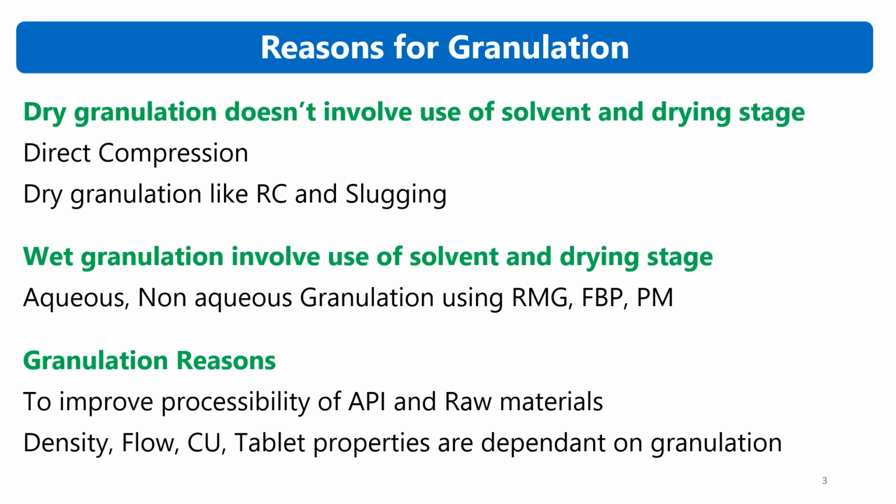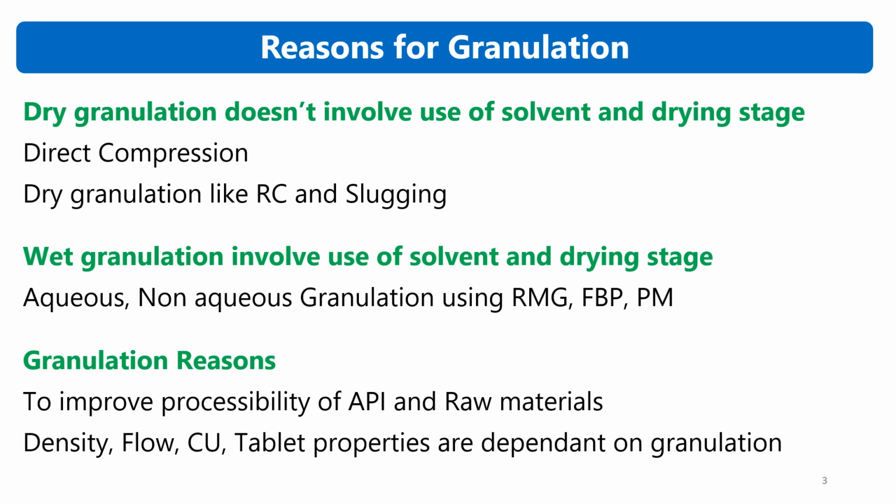So to have processability, to have flow and required density for compression and capsule filling purposes, the granulation is done. Granulation is also performed to have good flow, content uniformity, tablet properties and processability for the composition.